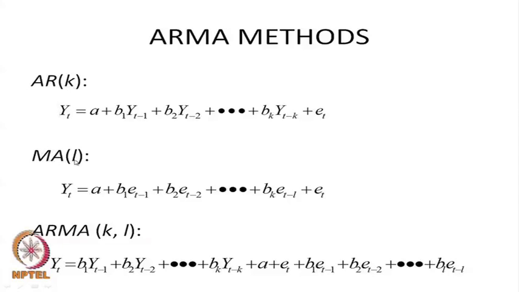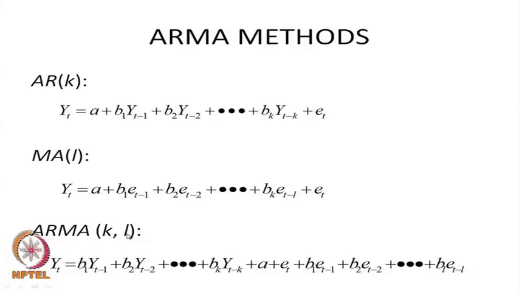Moving average model of order L, on the other hand, relates y_t to the error terms in this manner: A plus B1 E_t minus 1, B2 E_t minus 2, up to BL E_t minus L plus E_t, is called the moving average model of order L. Sometimes both are joined to give an ARMA model of order k and L, k for the autoregressive part of the ARMA model, L for the moving average part.